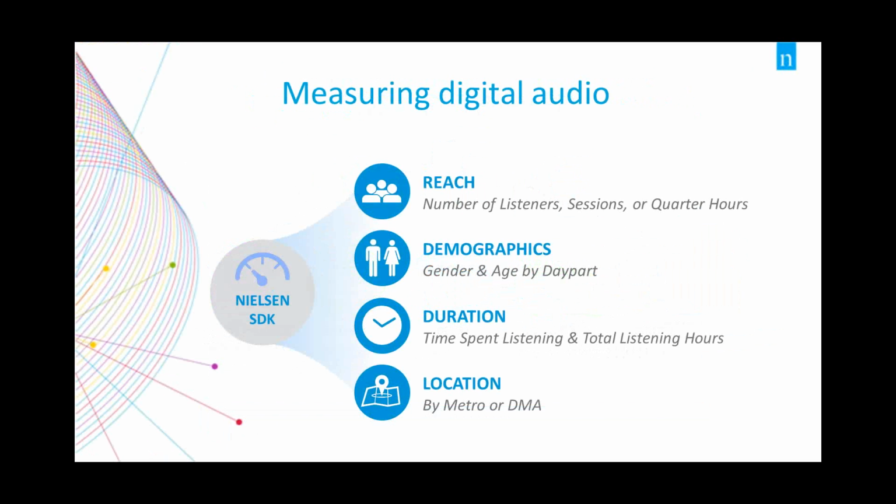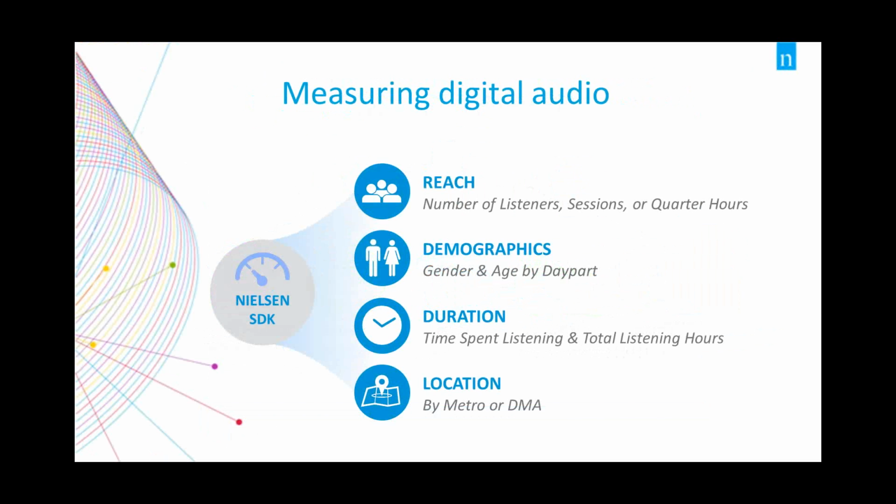So we have a multitude of estimates that are going to be available, but these are the big 4 categories, I think, so to speak. So reach, which is important to all of us, obviously. The number of people, unique audience, and CUME, for example, will fall into this category. The number of sessions, session starts, or the number of quarter hours.